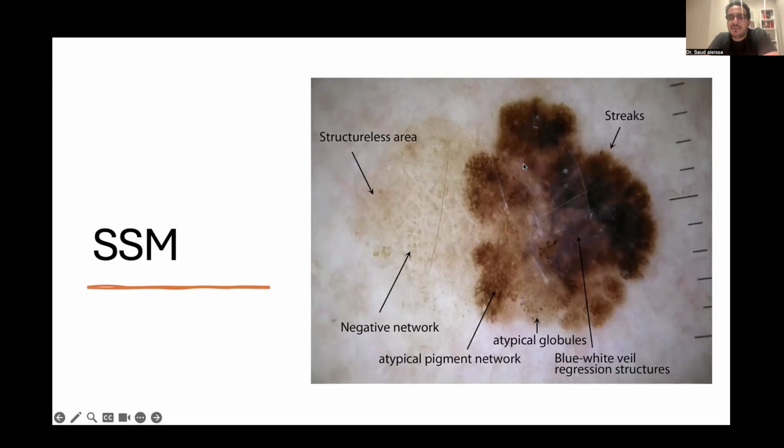So even if you know zero about dermatology, this should catch your eye and be concerning. Regardless, what we see is some streaking. This is also a big telltale sign, the blue-white veil. Okay. You can see some globules. The pigment network is not regular, and you can have negative networks as well. So you'll have positive and negative networks.